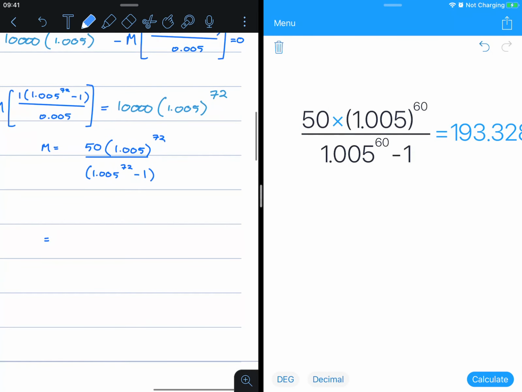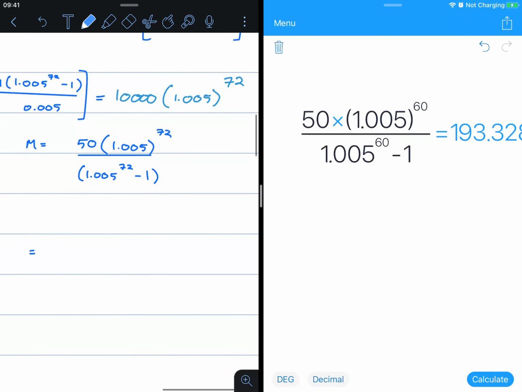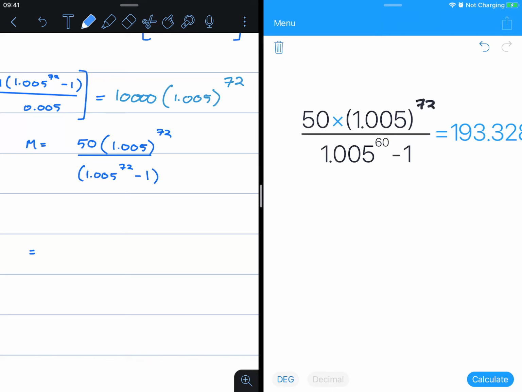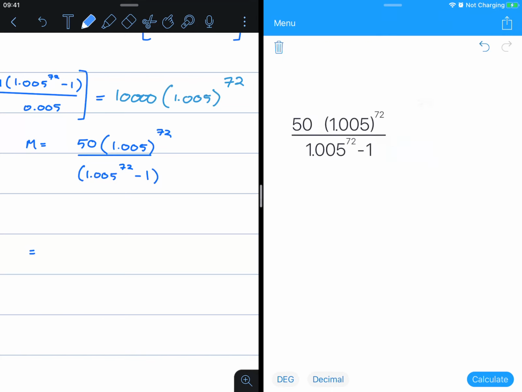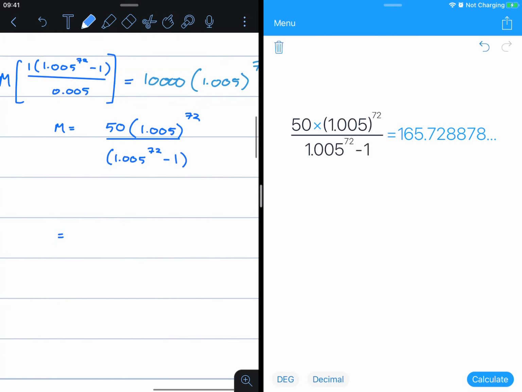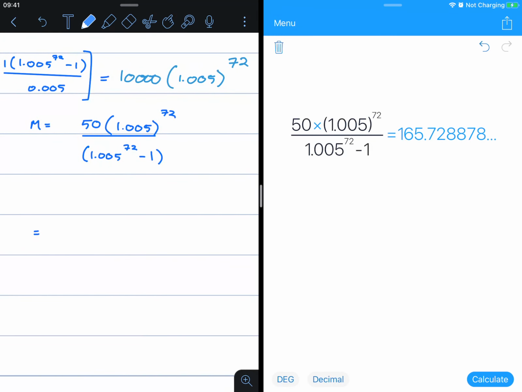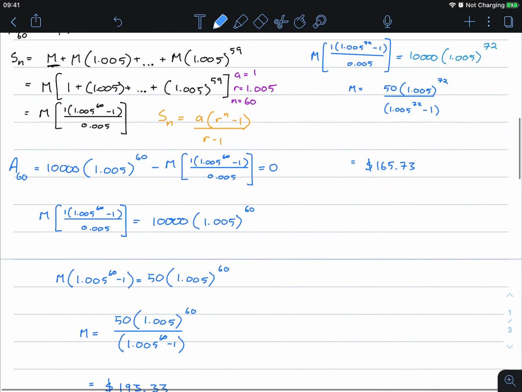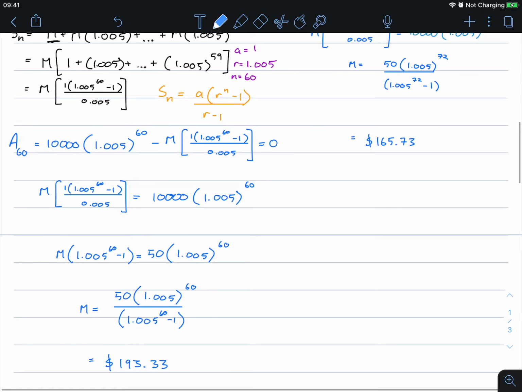So really all we changed are the values of the powers. So this becomes 72. This also becomes 72. So if we pay for longer, we only pay $165.73 per month if we pay it over 6 years rather than 5 years.